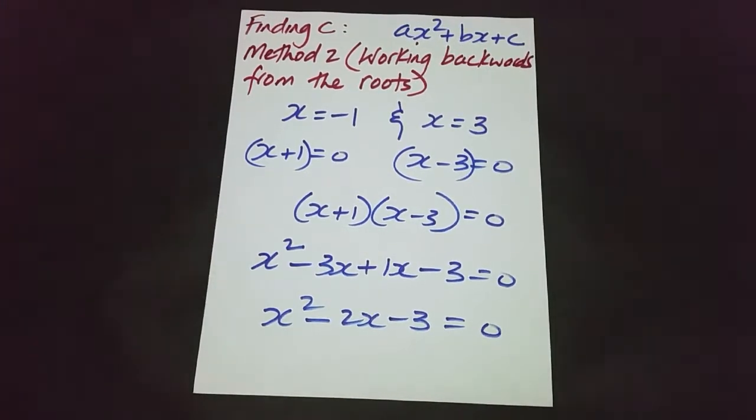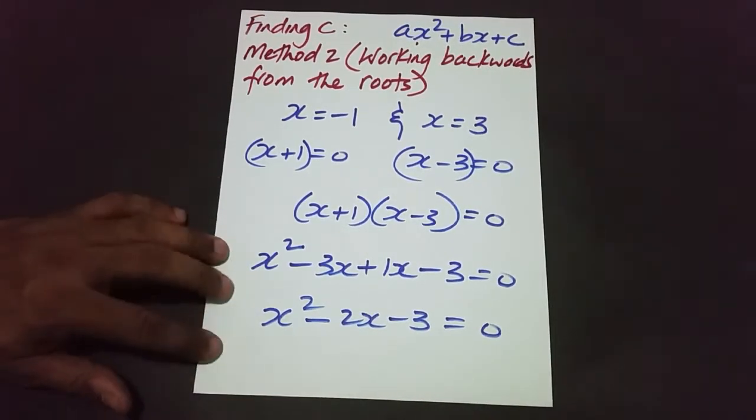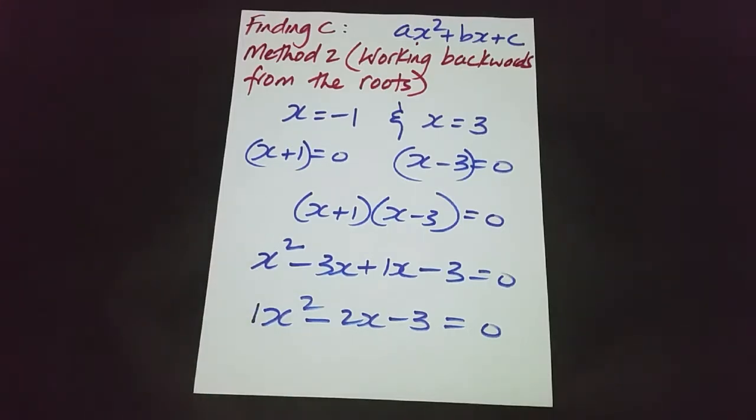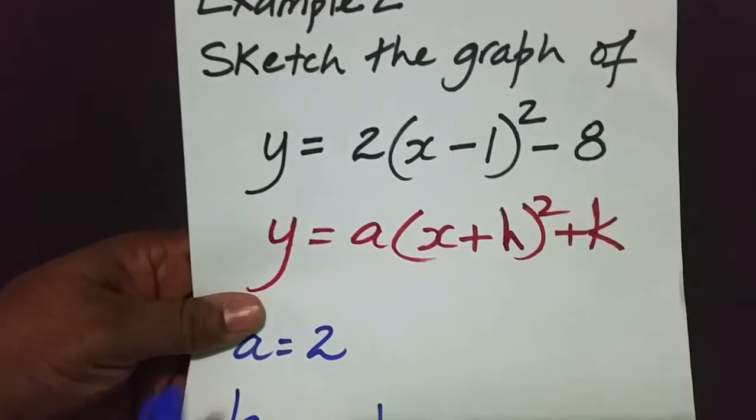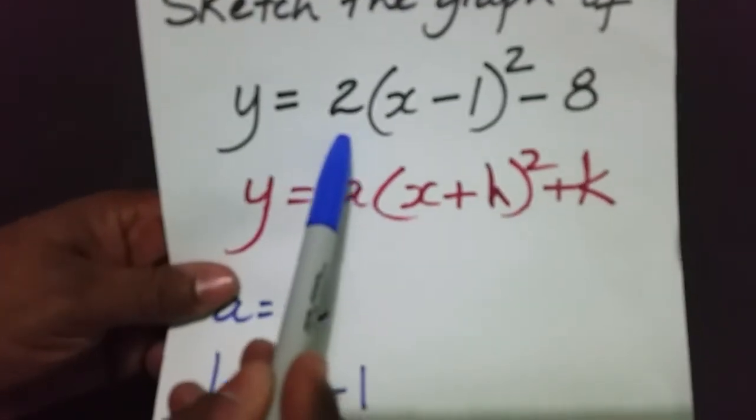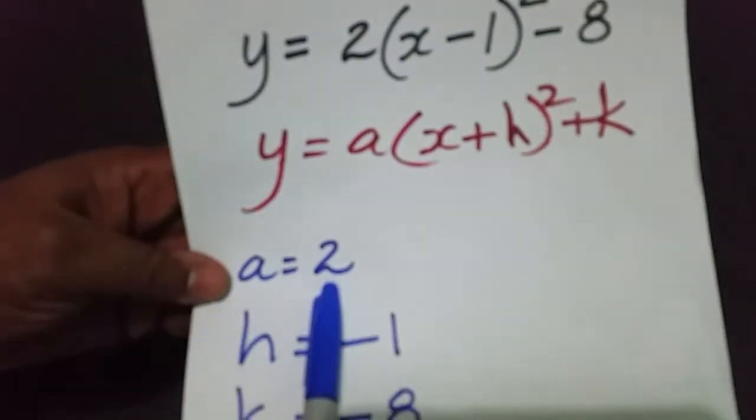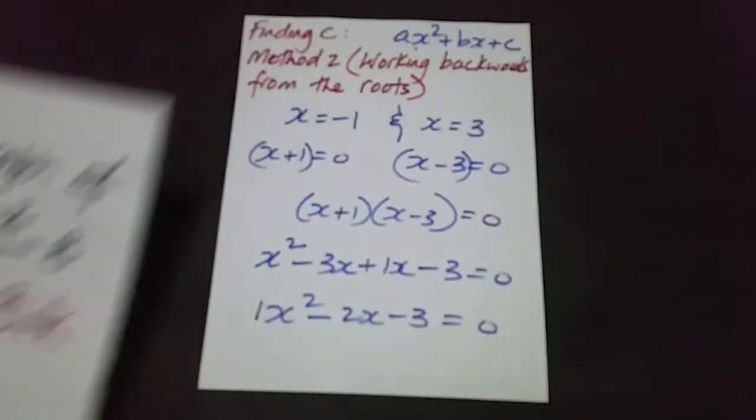So the issue is now, there's a 1 here obviously, but when we look back at the completed square form, because this is not finished, based on the completed square form, we know that the value of a is actually 2, right?